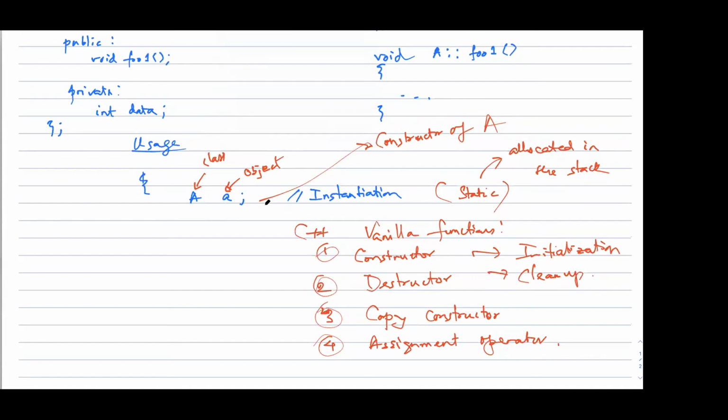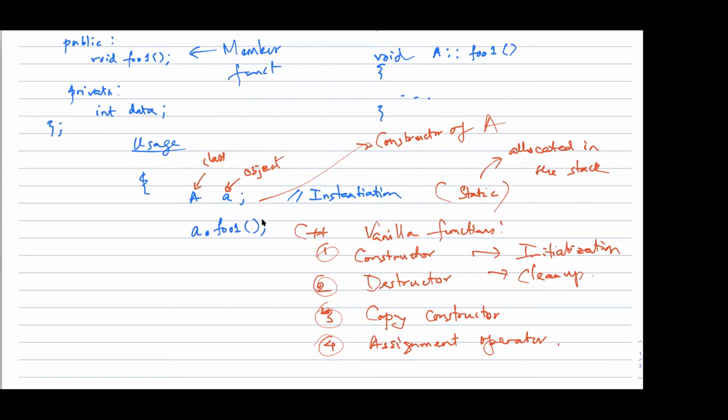So what do you do after the static instantiation? Now, with the dot operator, you can invoke the member function. This is the member function or the class method. So you can say a.foo1.